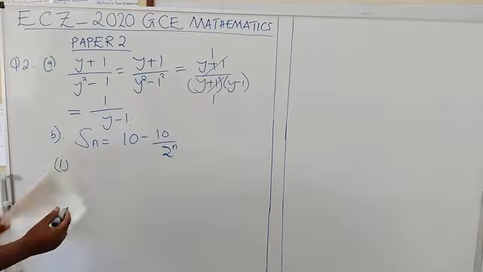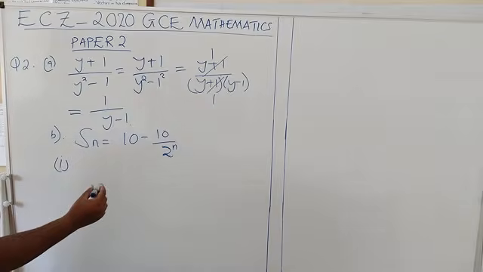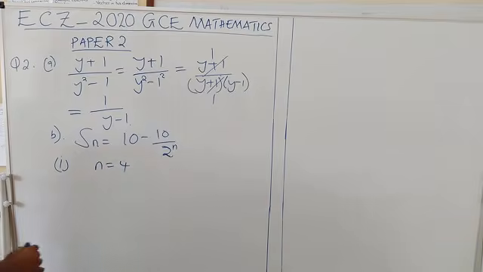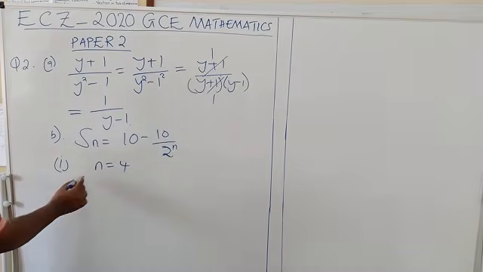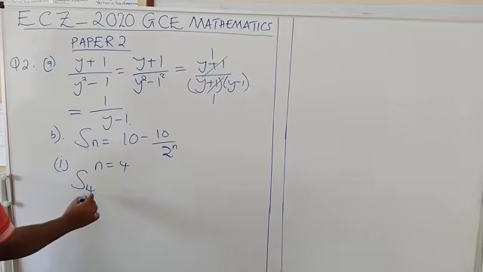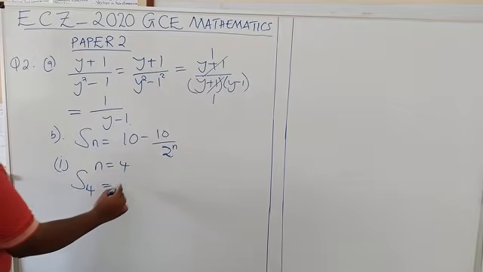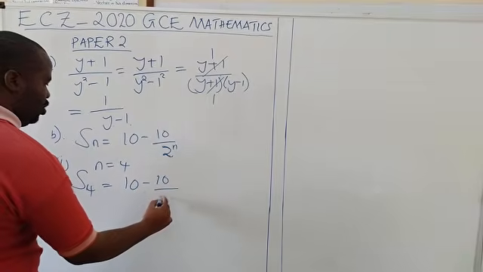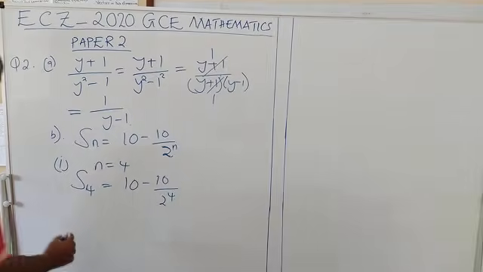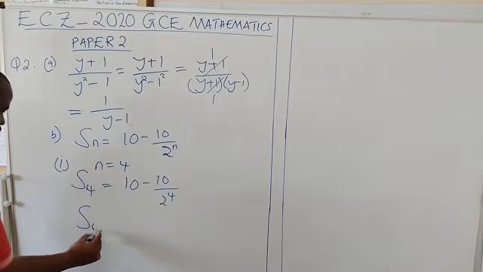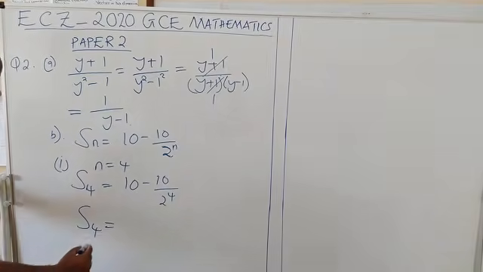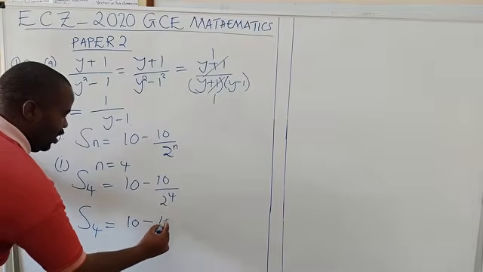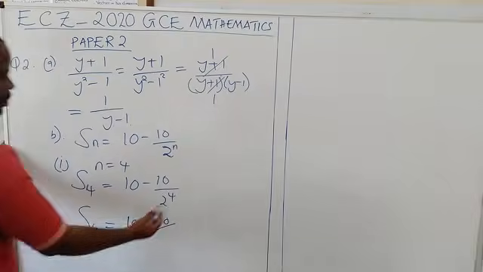Our n here is 4. So S4 is equal to 10 minus 10 over 2 to the power 4.